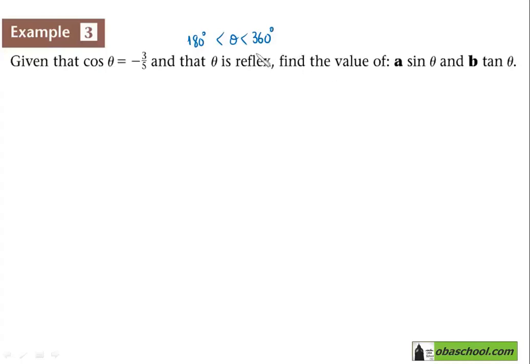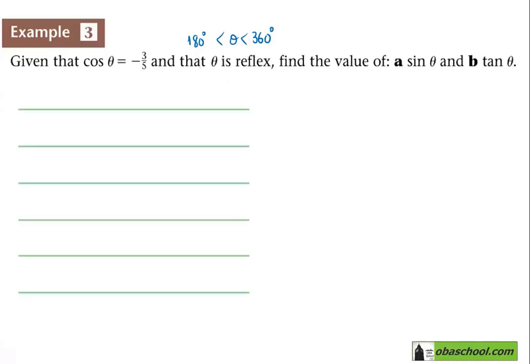So in part A we say the following. Find sine theta, given cosine theta is minus 3 over 5. There is a relation between them. The relation is sine squared theta plus cosine squared theta is equal to 1.